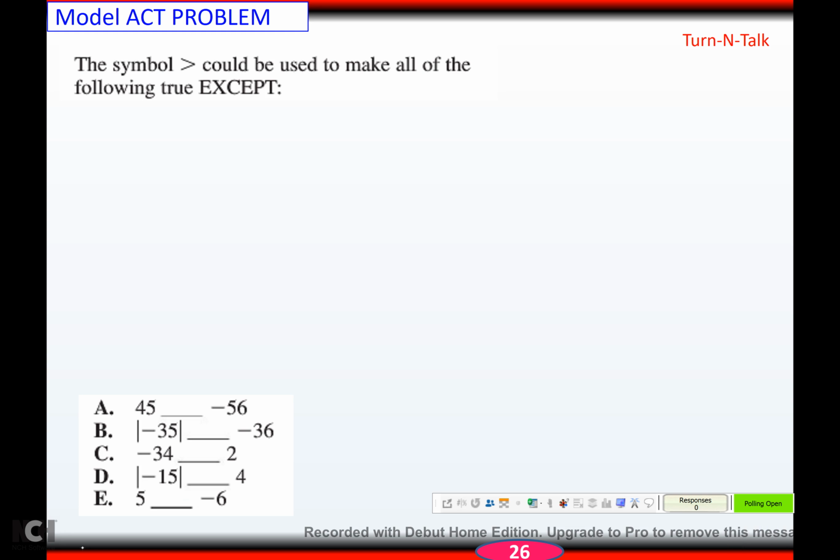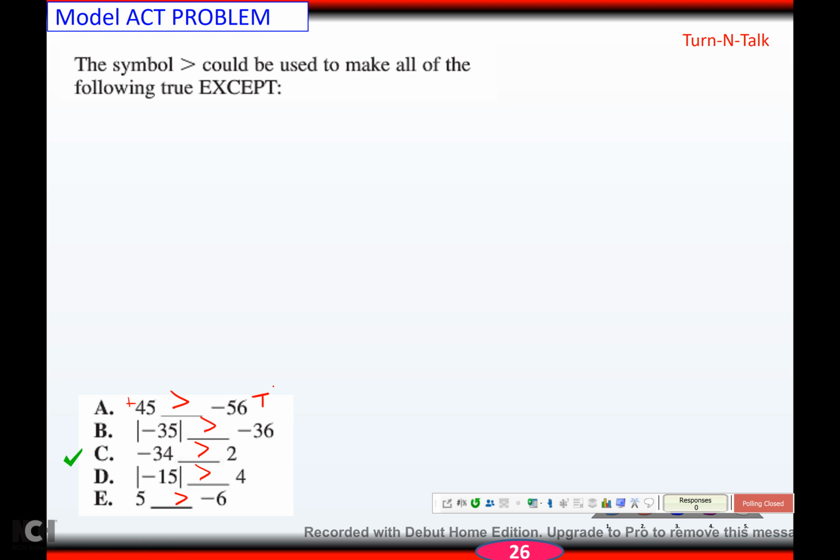Alright, you try this one, hit pause, come back when you're ready. It says the symbol greater than could be used to make all of the following true except for which one? Well, if I put them in and see if they're true. Is 4 positive bigger than a negative?